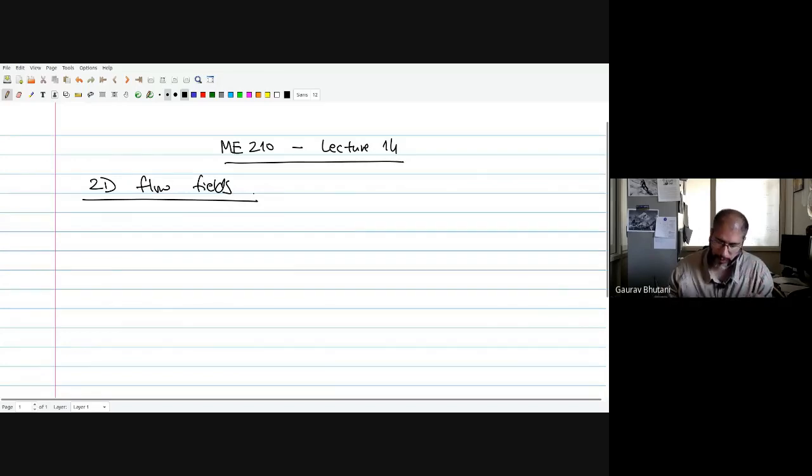So in case of such 2 dimensional flow fields, assuming that the flow is incompressible, the continuity equation is del u by del x plus del v by del y is equal to 0.